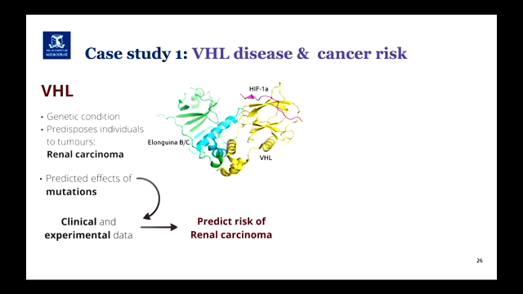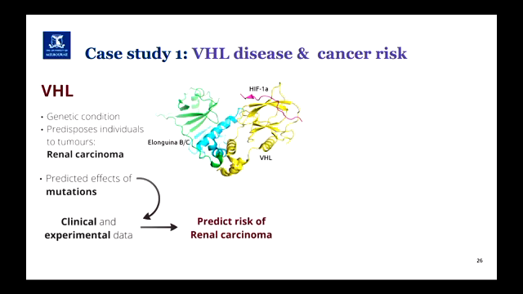So basically, VHL is a genetic condition. It predisposes individuals to have clear cell renal cell carcinoma, kidney cancer. And we had a cohort of patients with history of VHL, and some of them with high and low risk of developing cancer.